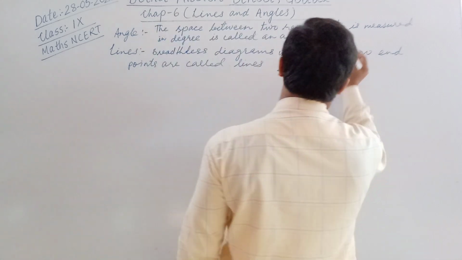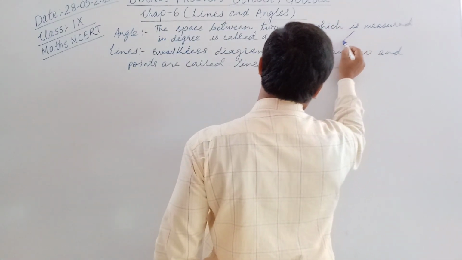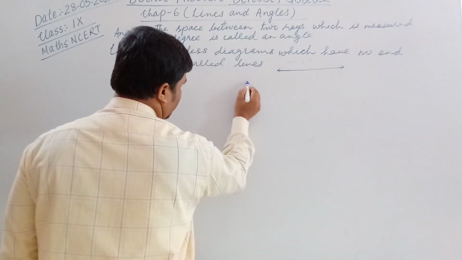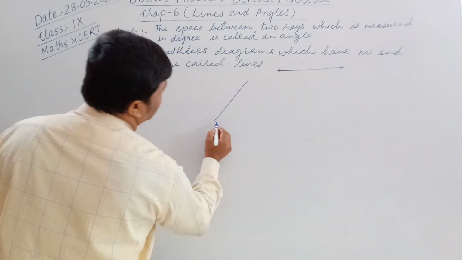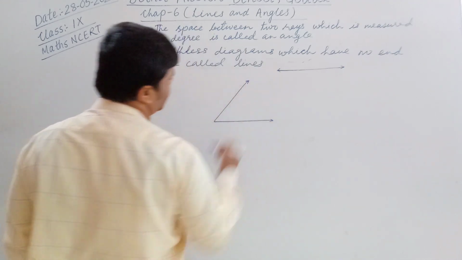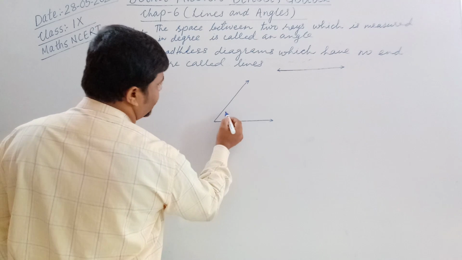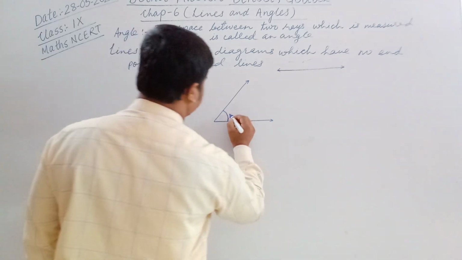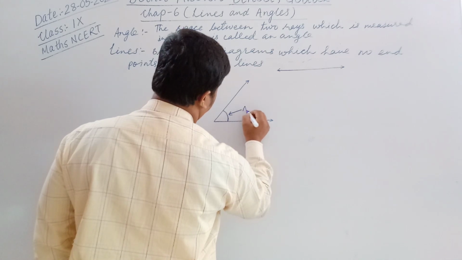So what will the diagram be? The space between two rays. You can see this is one ray and this is another ray. This space is called an angle.